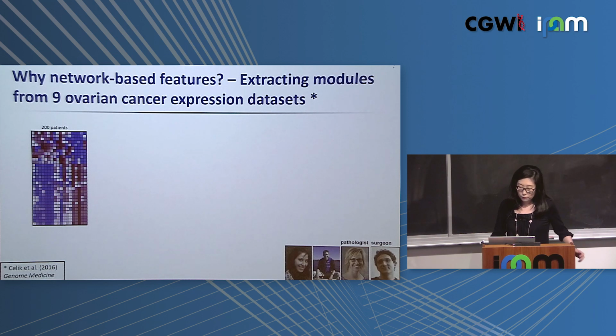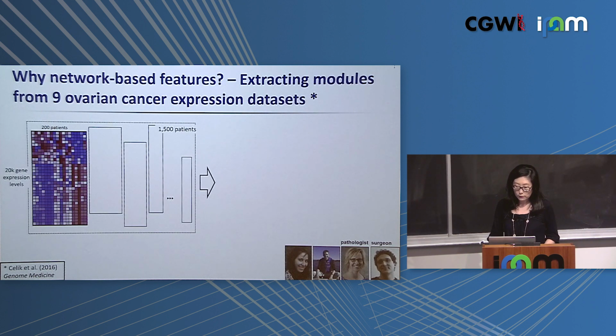Because from our previous studies, we showed that simple network topology features such as hubs or modules helped identify robust expression markers for important cancer phenotypes. And it provided a good way to reduce the dimensionality of gene expression levels.